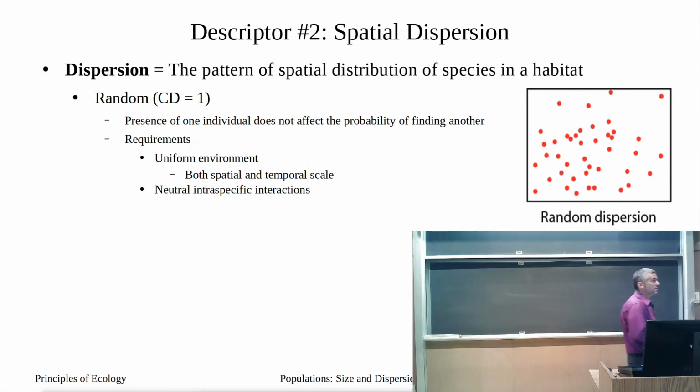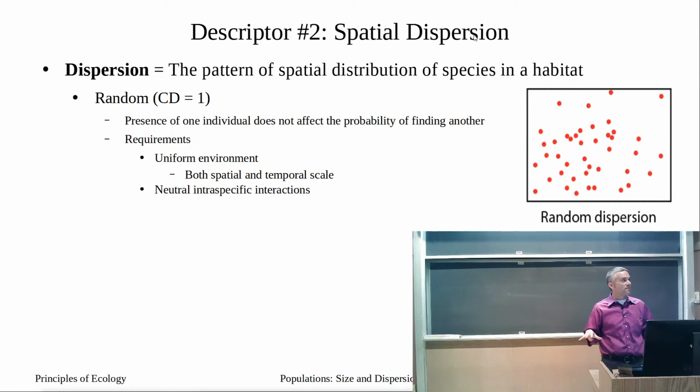It still stays at that base 20%. Now, in this one, we don't necessarily have factors that favor the pattern. We actually have some requirements. All right? So in order to have a random pattern, we can't have any sort of habitat heterogeneity. We need a uniform environment across the landscape so that our individuals or organisms are not going to favor certain locations.